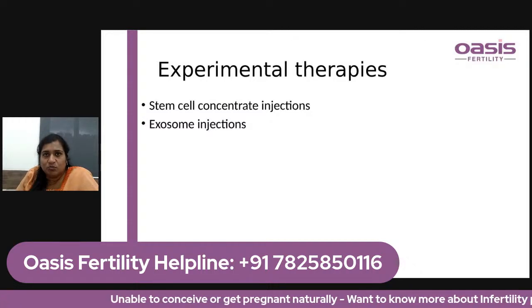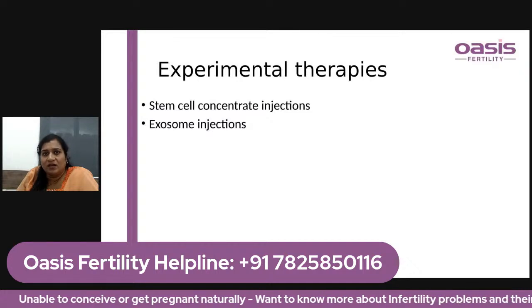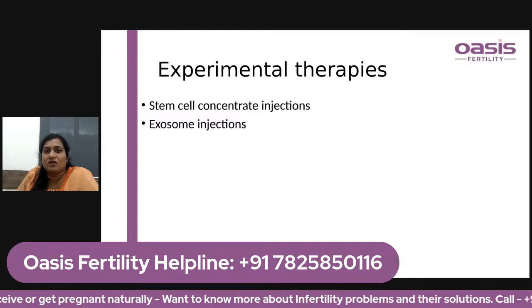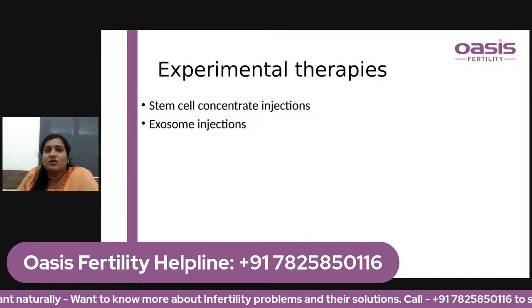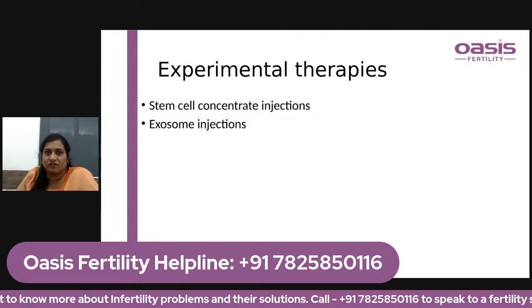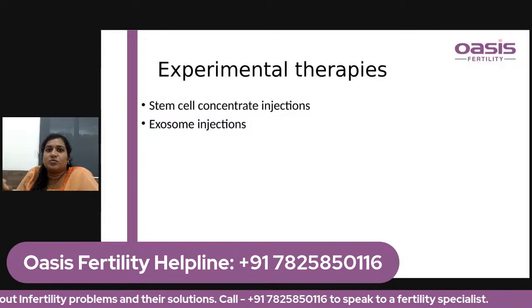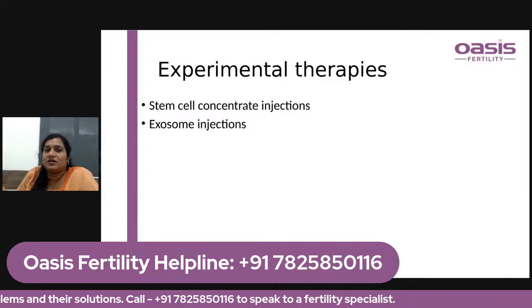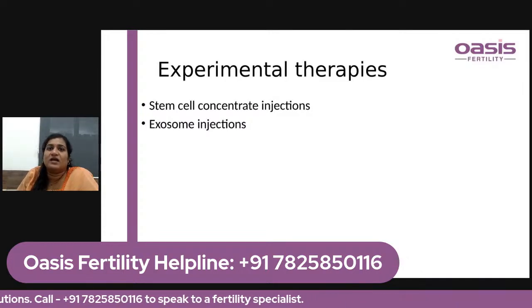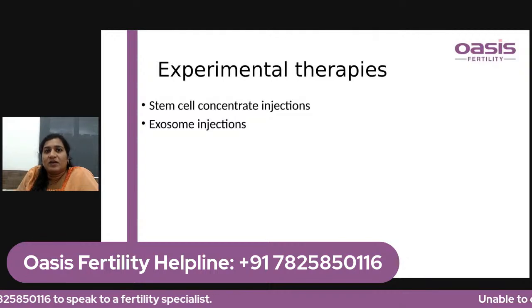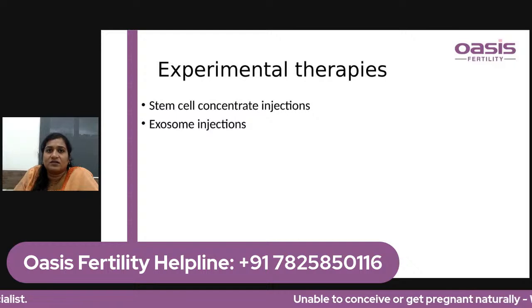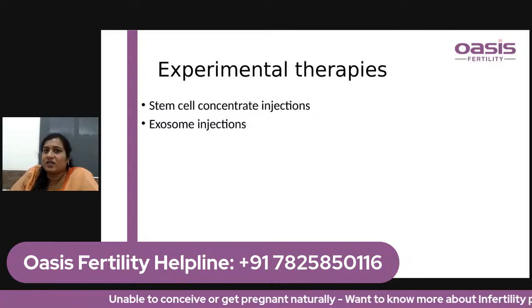If a woman has poor egg, there are researches going on where the genetic material only from the egg of the woman is retrieved, and it is transported into the egg of a healthy woman. The genetic material of the healthy woman is taken out. So we now have a reconstituted egg where the entire egg is of a young woman.